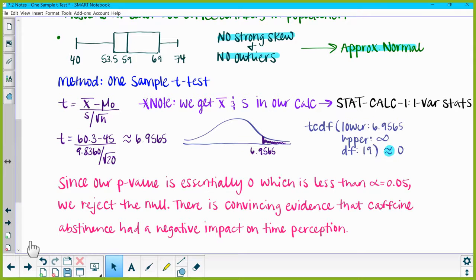Now, I always like to do this by hand because often what they will do in multiple choice questions is ask you, what's the correct calculation for the test statistic for this problem? Meaning, can you look at the multiple choice answers and determine where each number should be? So it's good to see it.